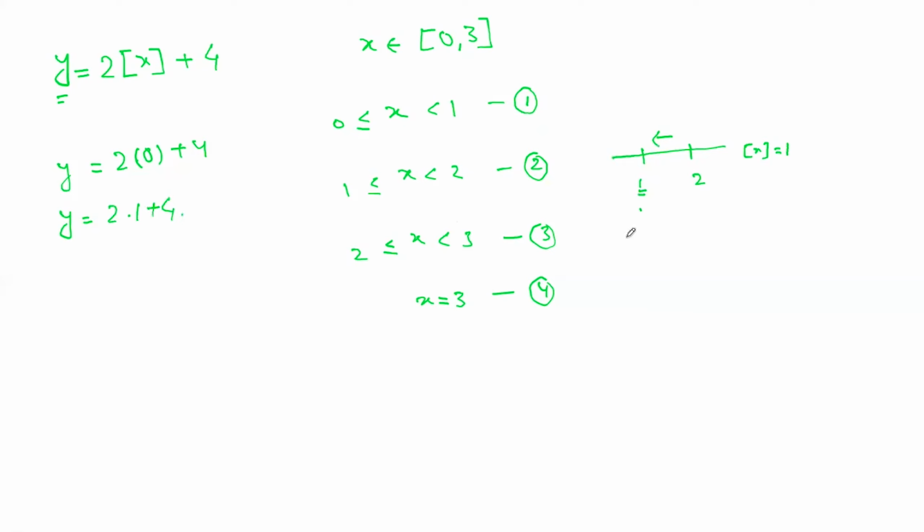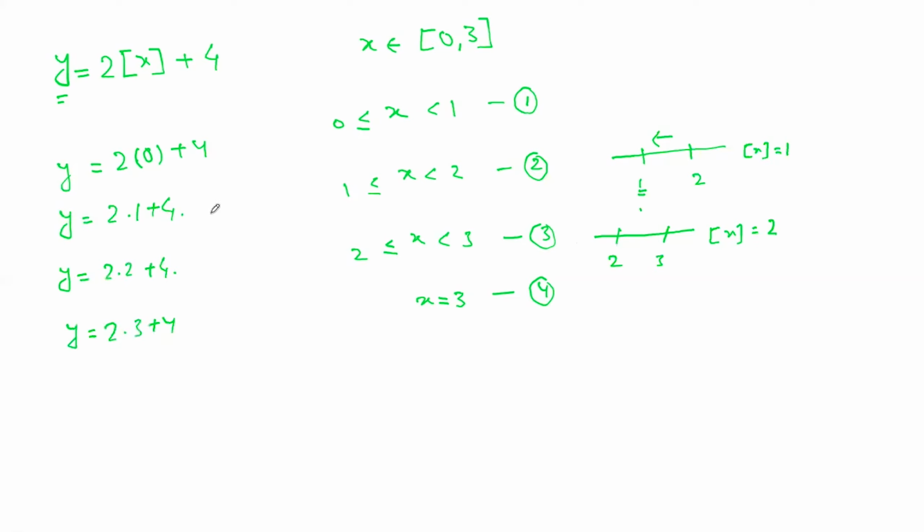Case third, when x is lying between 2 to 3, the greatest integer x will be 2 only. In this case, we are getting y is equal to 2 into 2 plus 4, and in the last case, since x is 3 only, so 2 into 3 plus 4.